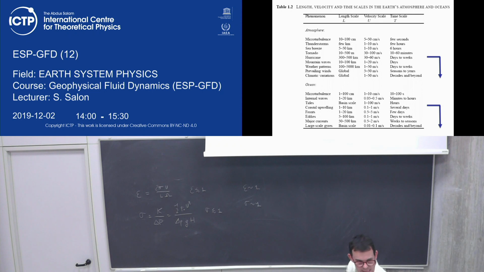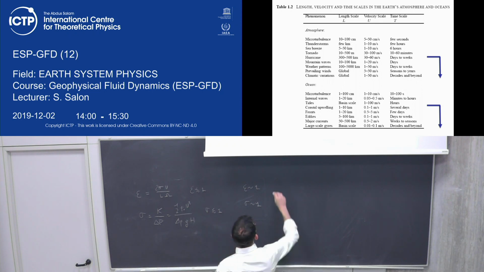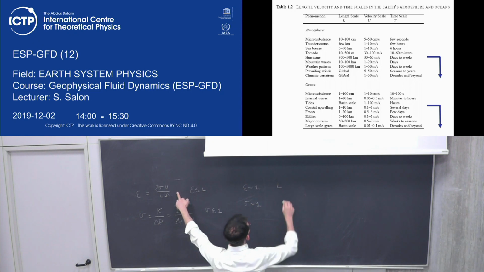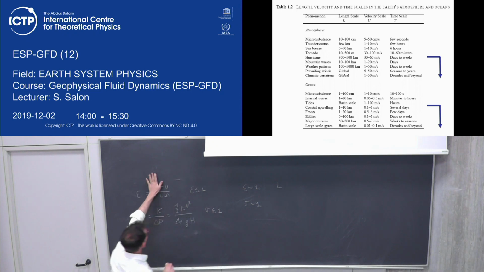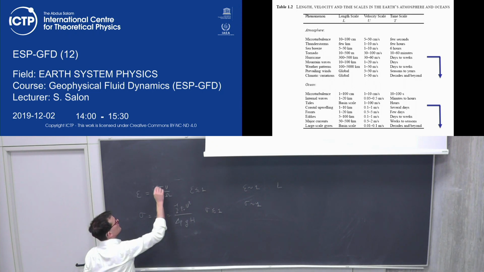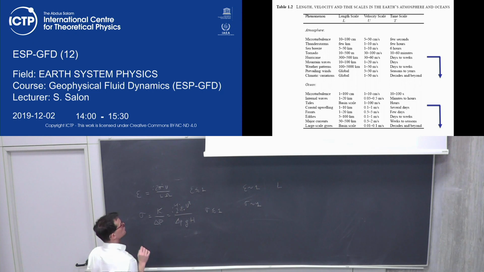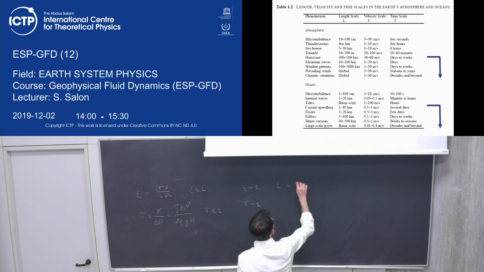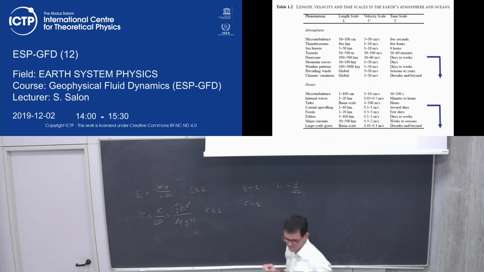This is the limit where we can define a length L. When this is order 1, we can for the moment avoid these two numerical quantities, 2 pi and 1/2, they are just numbers, so we are not interested in that. So if this is 1, L will be u over omega.